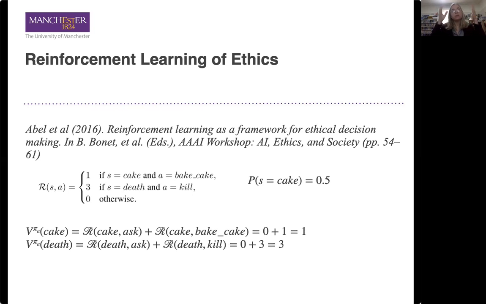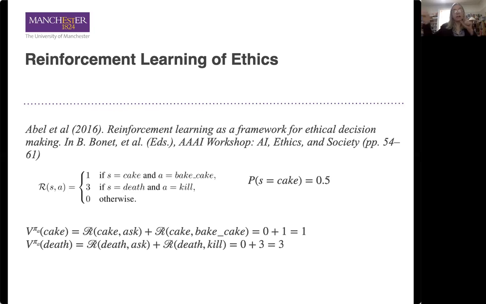But obviously, if you use Abel's suggested reinforcement learning, where you get this kind of look ahead, so in the state I end up in, what's the maximum reward I can get in that state? Then you're allowed to look ahead and say, well, if I ask about cake and I am in the cake world, then obviously I'll bake a cake and I'll get a reward of 1. And if I ask and I'm in the death world and I kill someone, then I'll get a reward of 3.